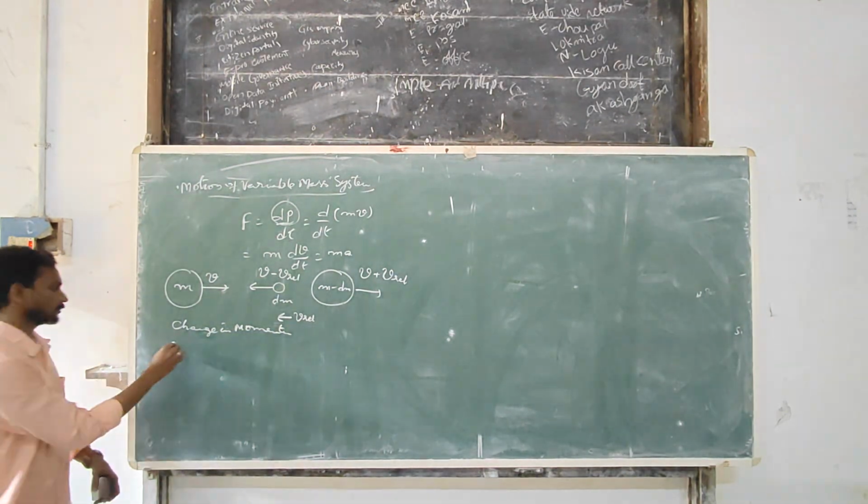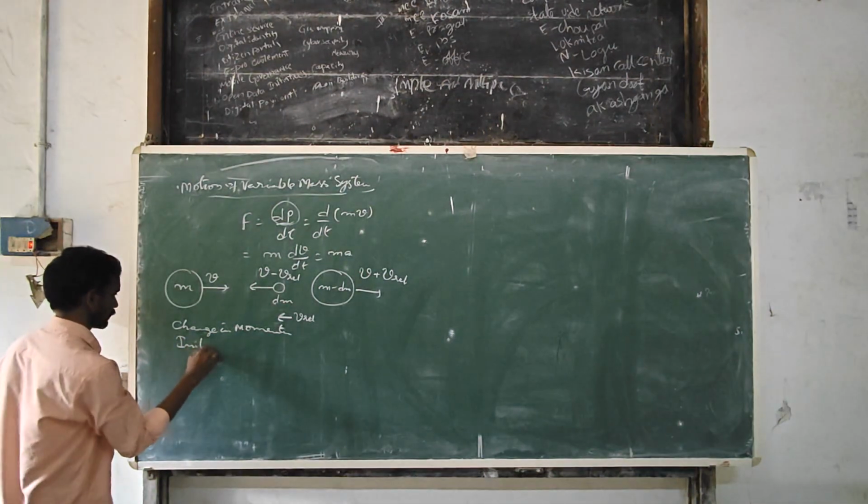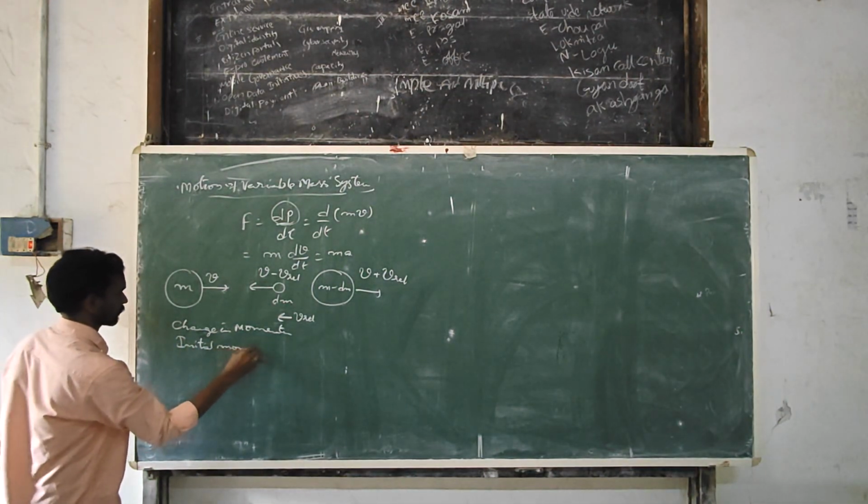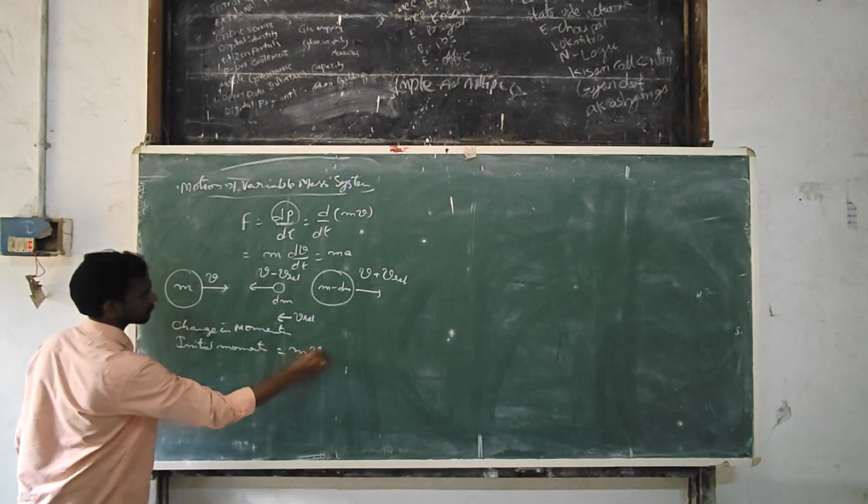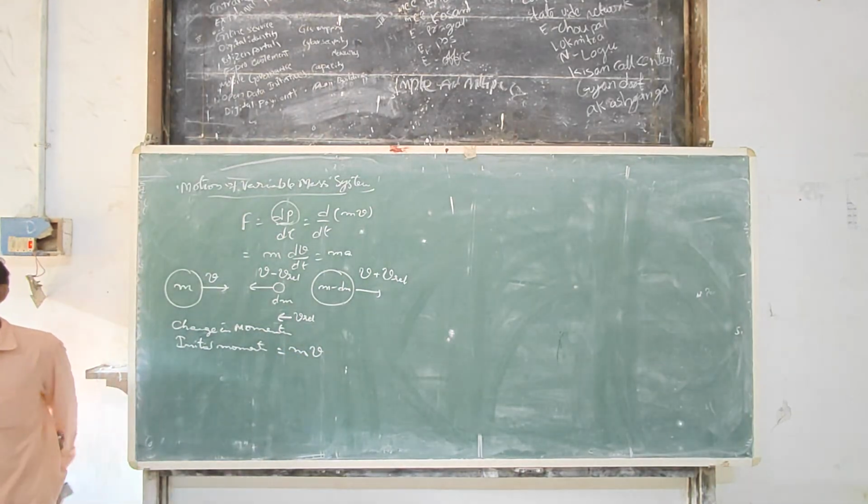So initial momentum is mass into velocity.